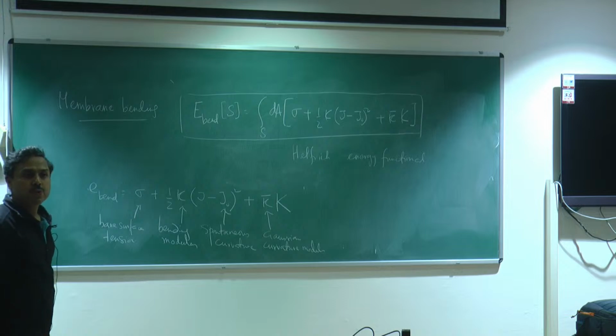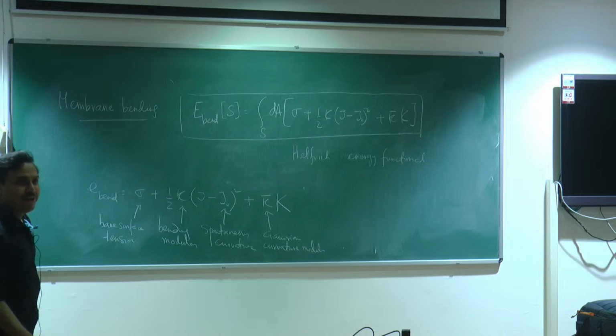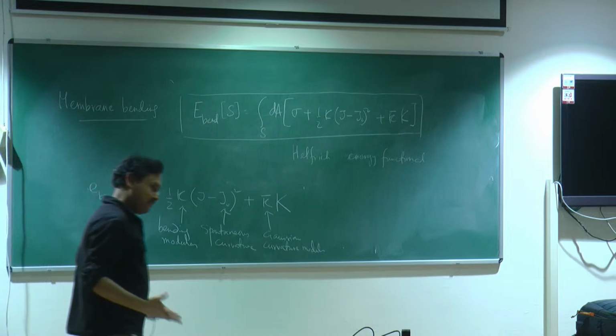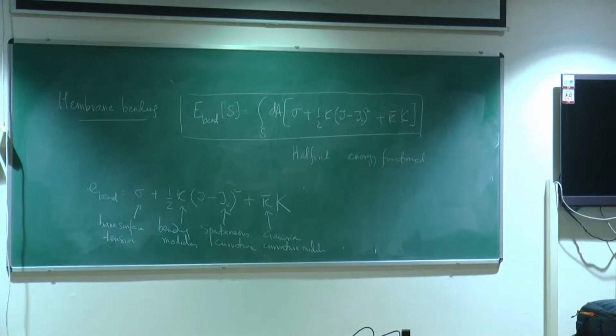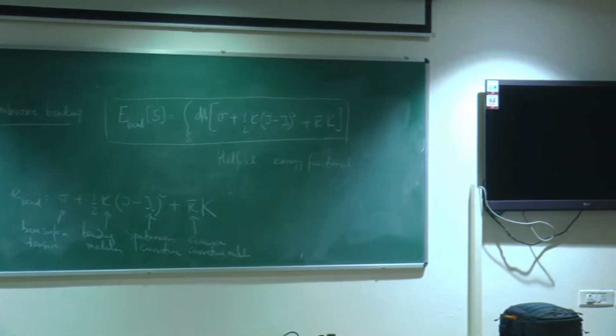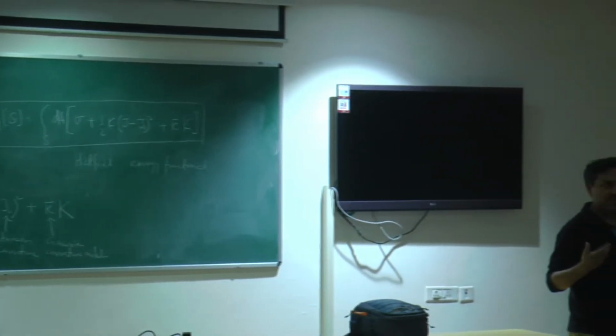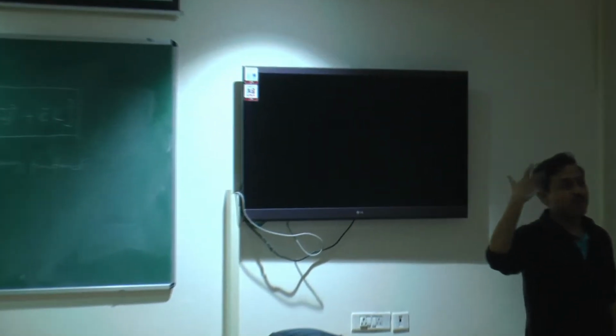So what do you do when you are trying to find out, which I cannot do of course at this moment because I'm already quite late, vesicle shape equations or different kinds of shapes that you form? You do a minimization of this energy functional. You do a variational minimization of this. So essentially, if you know about it, it's the Euler-Lagrange formulation.